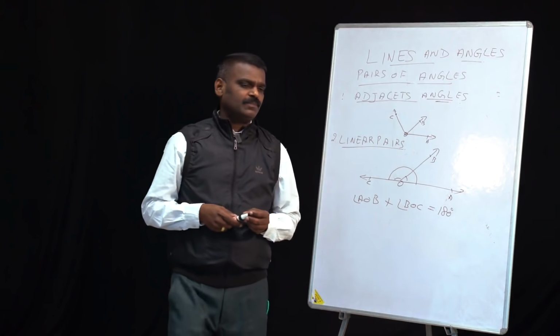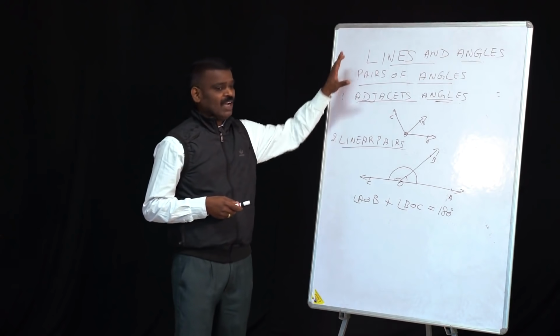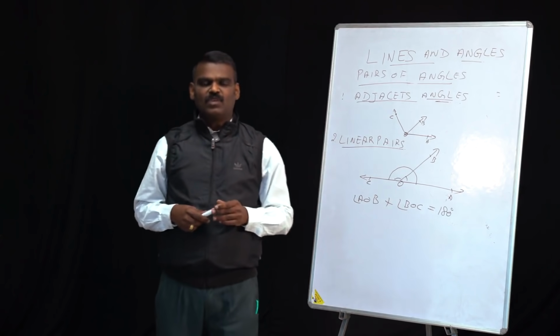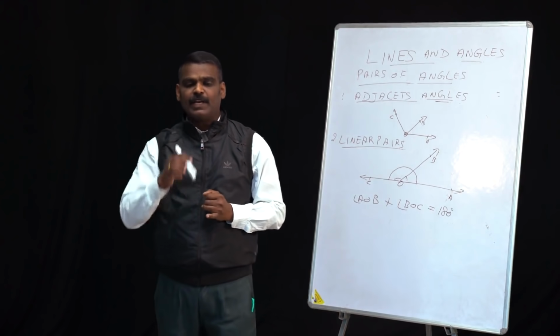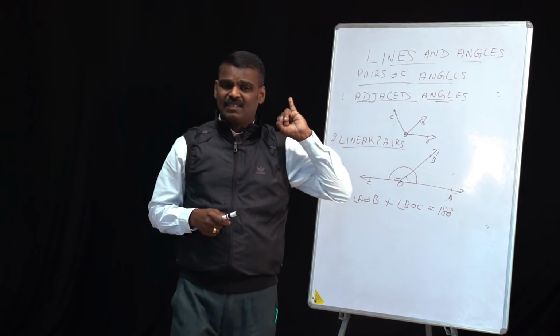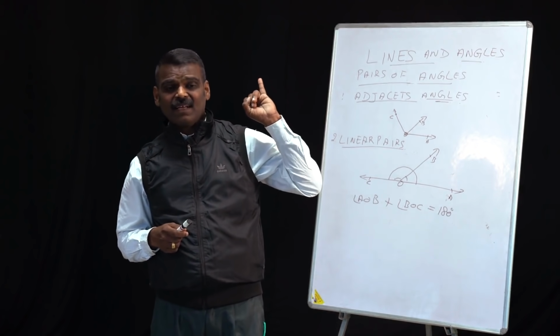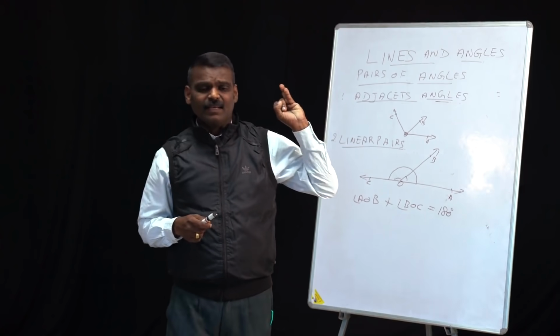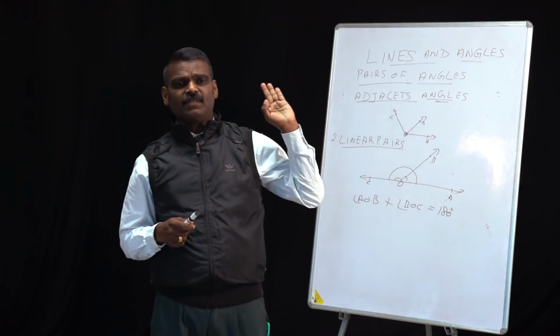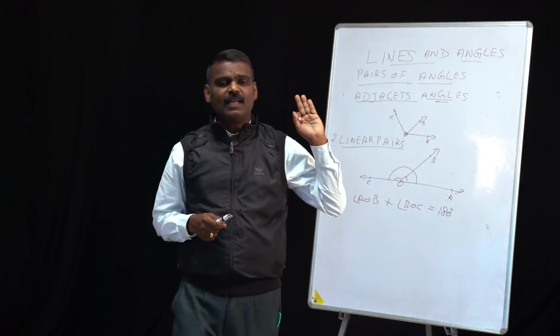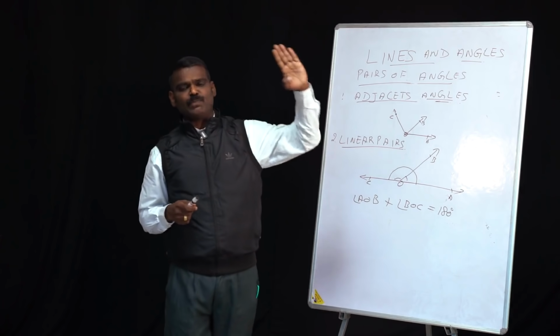So today, what are the points we have learned so far? The first point is, you can check your notebook what you have written already. First point is what? Line, then line segment, then what did you learn? Yes, ray, then angles. These are the basic points. Okay.